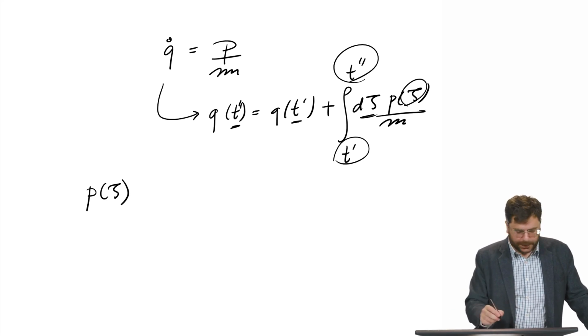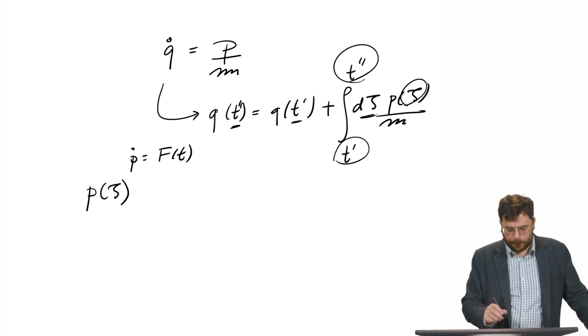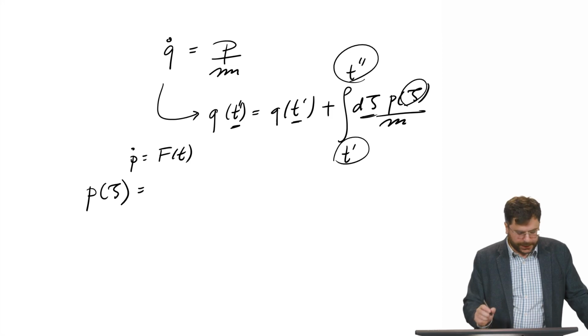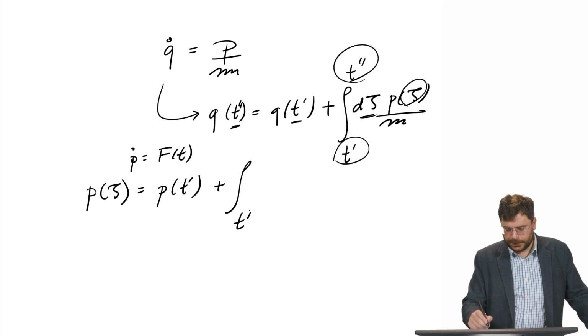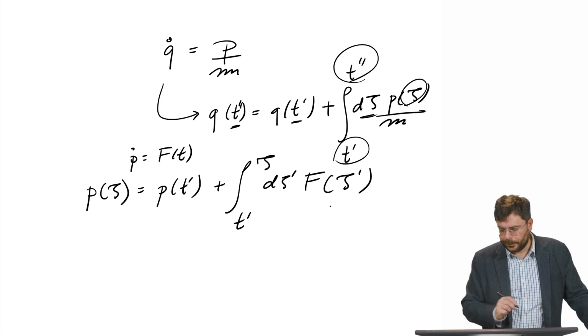Now, let's integrate my momentum equation. That would be p dot equals F of t. If I integrate it, I get p of tau equals p of t prime plus the integral from t prime to tau d tau prime of F of tau prime. So what have I done here?